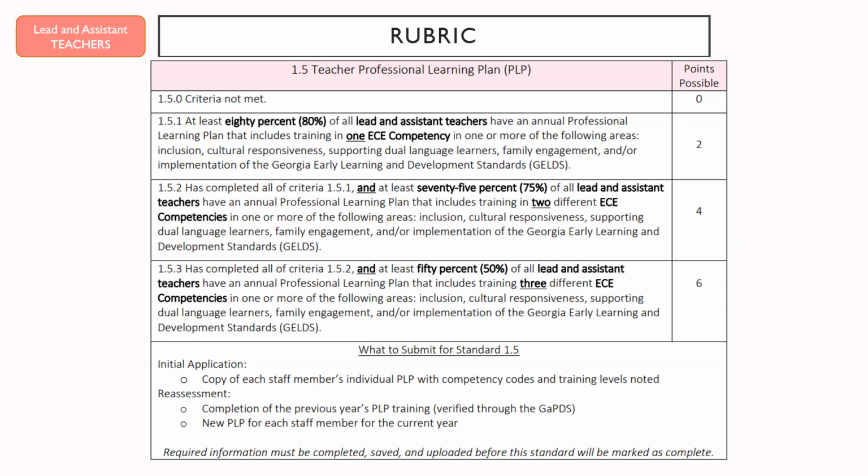That's an initial application of someone who has never been a part of a rating for the teaching staff, and reassessment staff and programs are those programs that have received a rating, and your requirement would be completion of the previous year's PLP training verified through the Georgia PDS, in addition to a new PLP for each staff member for the current year.